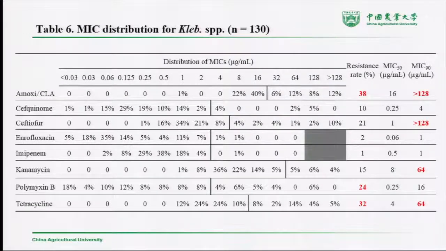And this is the MIC distribution for Klebsiella species. Among these 8 antibiotics, resistance to amoxicillin and tetracycline, more than 30%, was the most common, followed by polymyxin B. For the MIC value, the highest is amoxicillin, ceftiofur, followed by clindamycin and tetracycline.